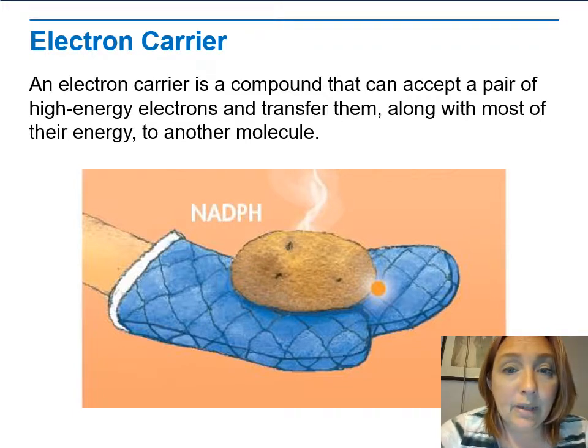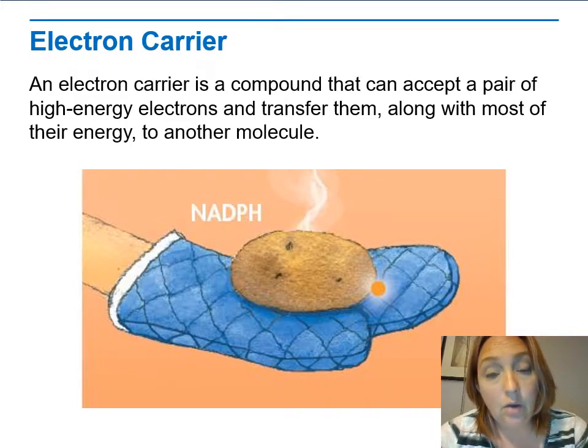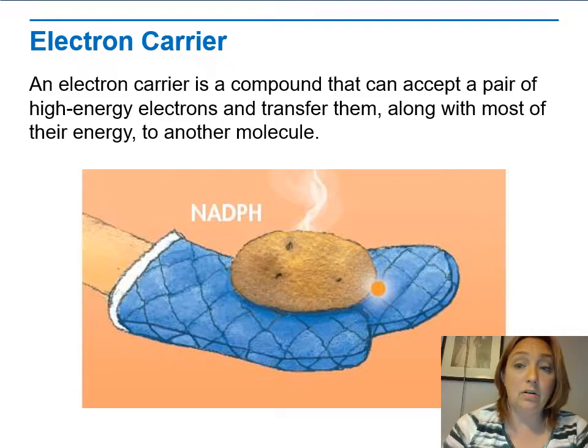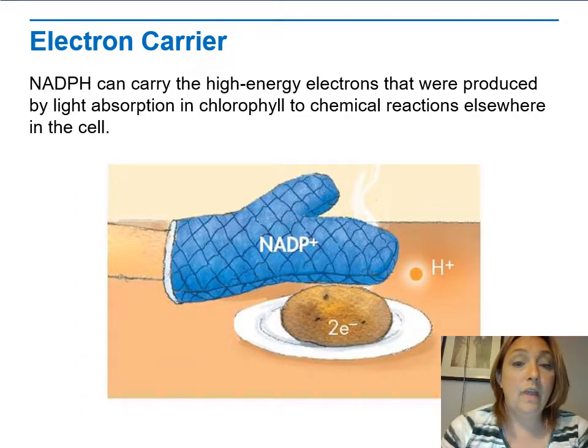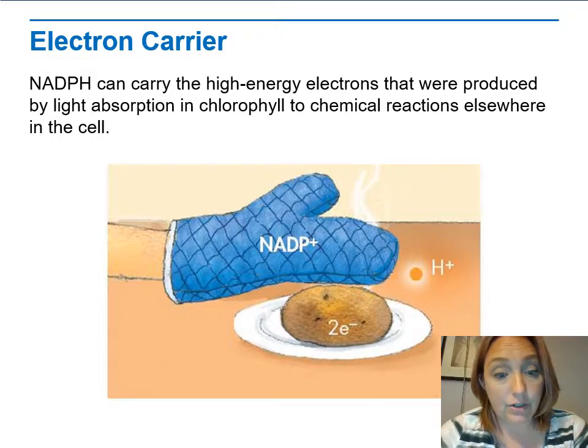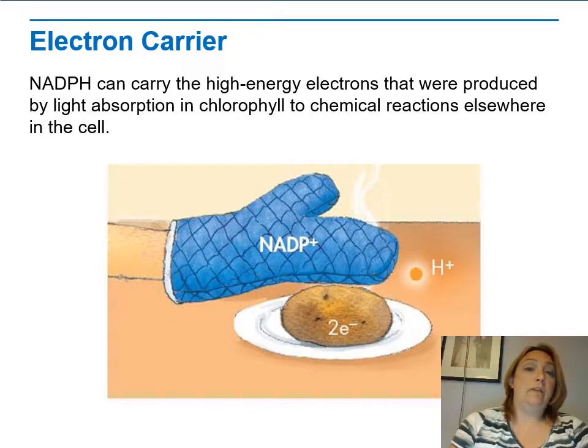When NADP+ is converted to NADPH, we've trapped the energy of sunlight in this chemical electron carrier. Then when we get somewhere else where we need to be, we can drop off those high energy electrons, drop off that hydrogen ion, and use that energy to do the work of the cell.